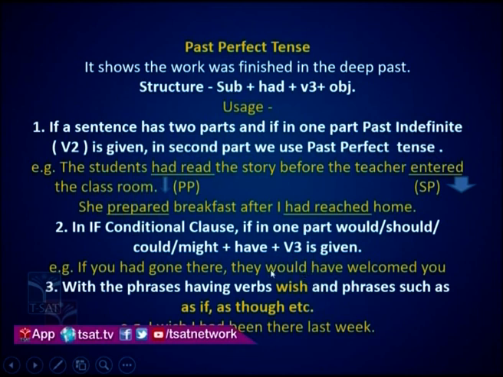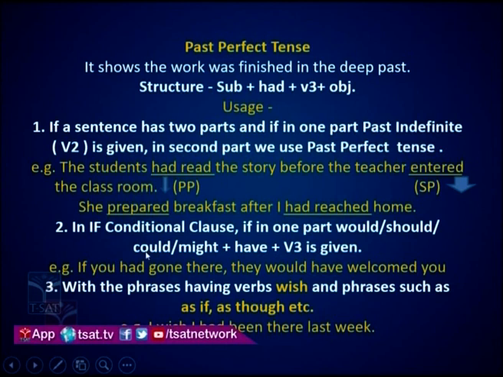Along with the subject you have modal verb would have welcomed you. Again V3 form with have is there. Subject, modal auxiliary verb plus have plus V3 form of verb and object.